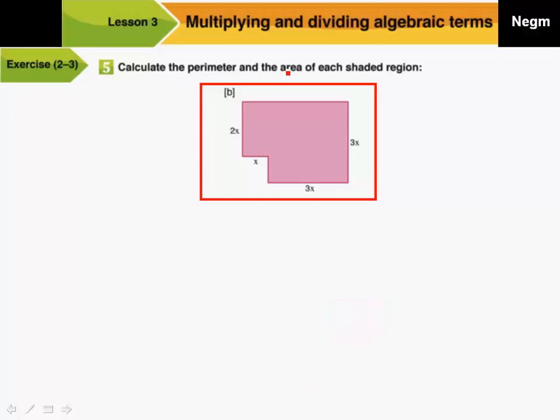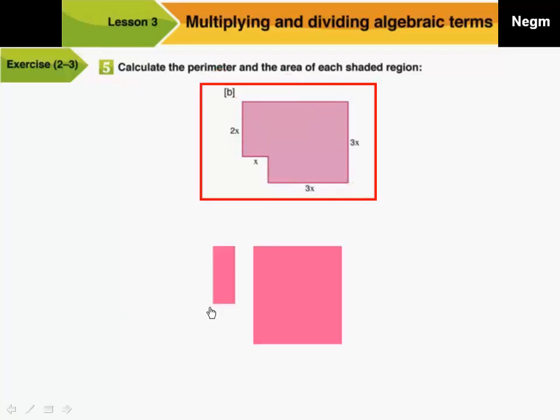Calculate the perimeter and the area of each shaded region. If we want to calculate the perimeter, we have to add these lengths: 3x plus x plus x plus 2x plus 4x plus 3x.